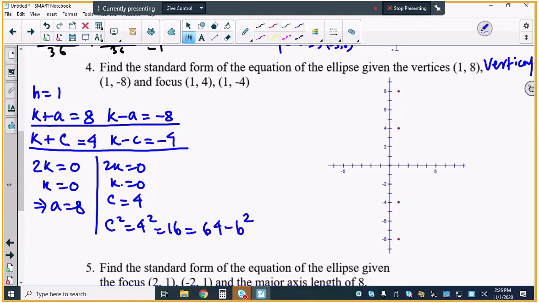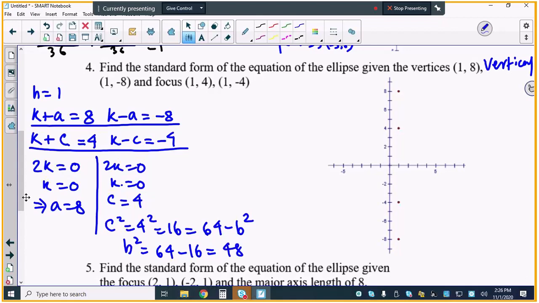That helps us find the value of b. So in this situation I have found out that b squared is 64 minus 16, and that is equal to 48.